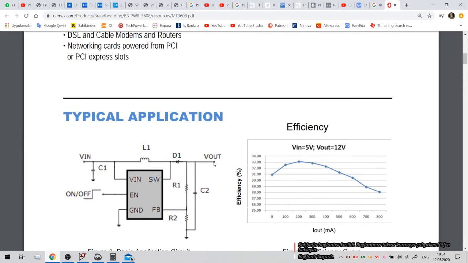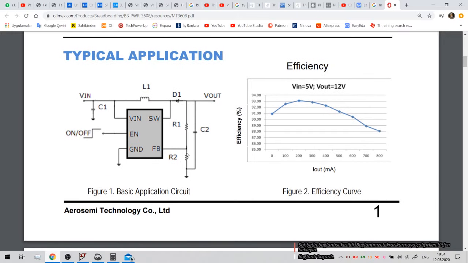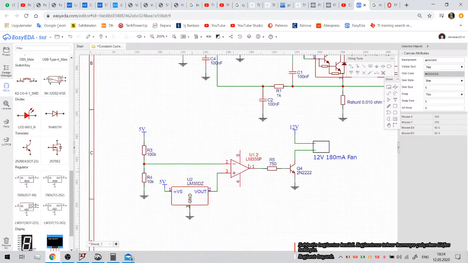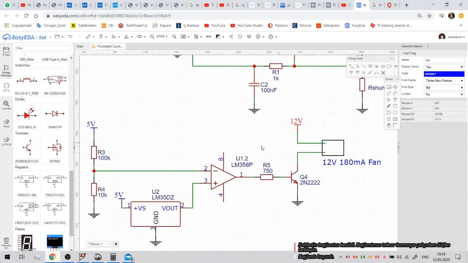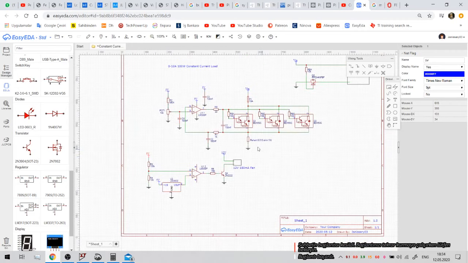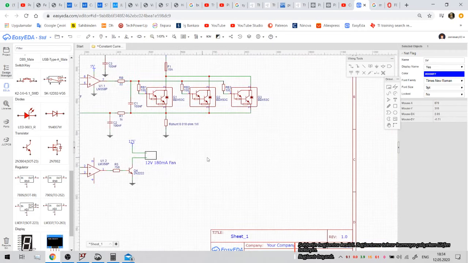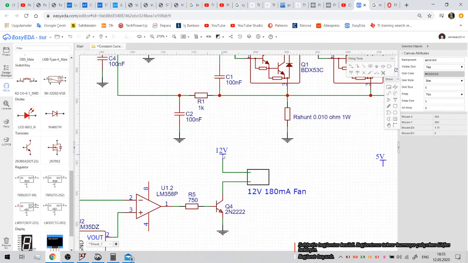And yes, what can I say? I can use this one to add this 12-volt rail, 5-volt to 12-volt.